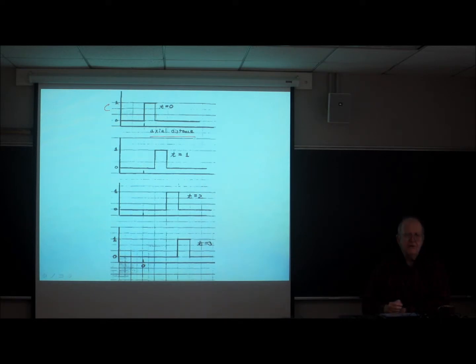There's my pulse function. And here's t equal to 0. There's a pulse at 0 time. As time progresses, this rectangular pulse is simply pushed down the column, and it retains its exact shape. That's what this is saying, that the shape of that never ever changes as the pulse moves along the column.